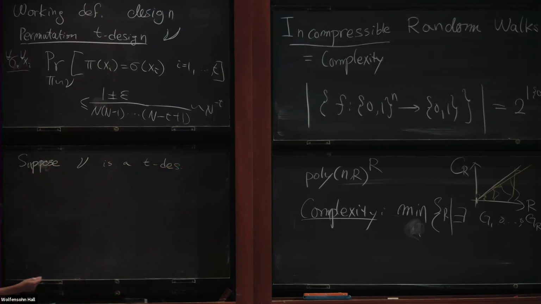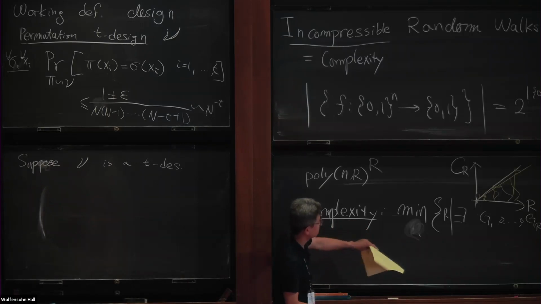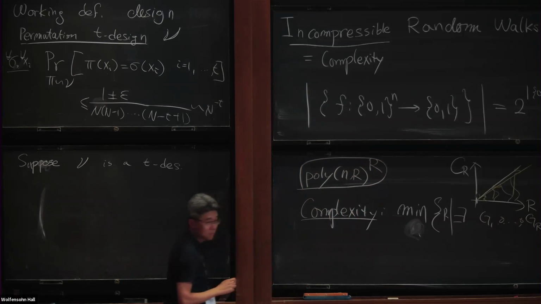Suppose my design is a permutation t design, and I draw samples from that to construct my random circuit, and I ask about the circuit complexity after R many steps. This counting still holds.